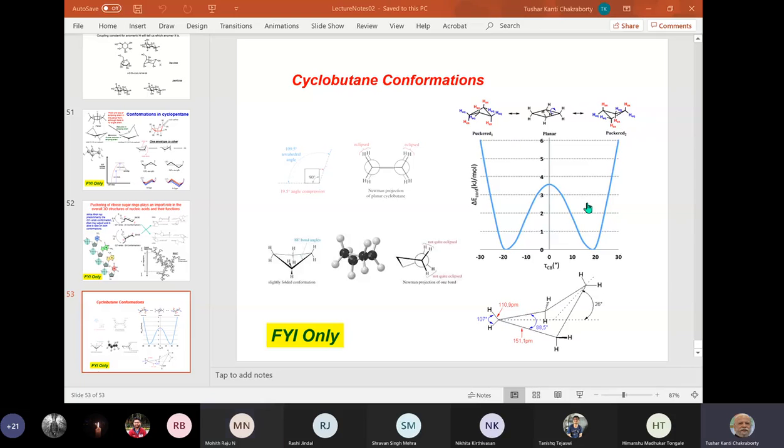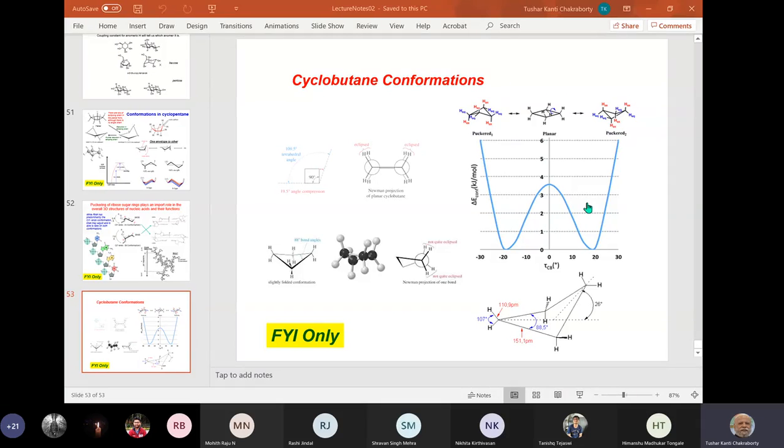Suppose 1,2-dimethyl cyclohexane. Sometimes you see two different conformations at low temperature. If I do the NMR experiment, then I should be able to see two different conformations.